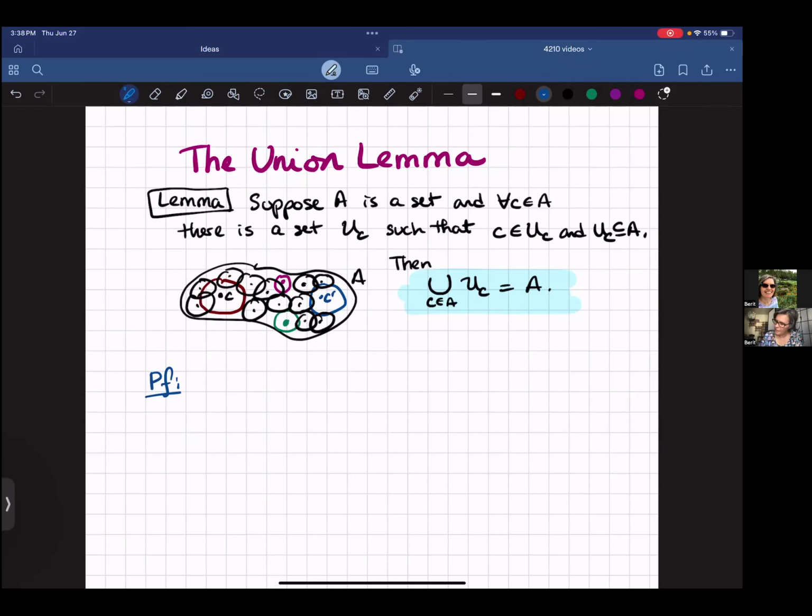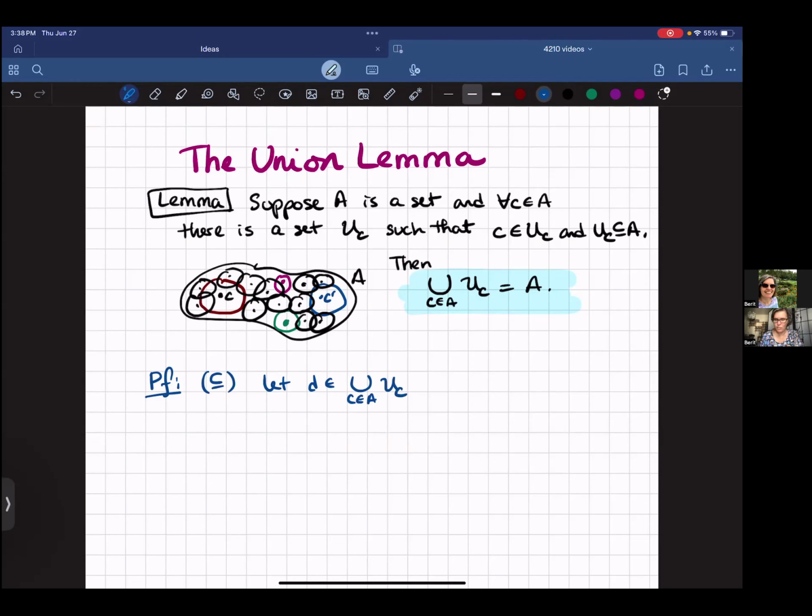All right. Let's do this direction first. Let little d be an element of the union over all the c in A of U sub c. So that means that d is in at least one of the U sub c's.